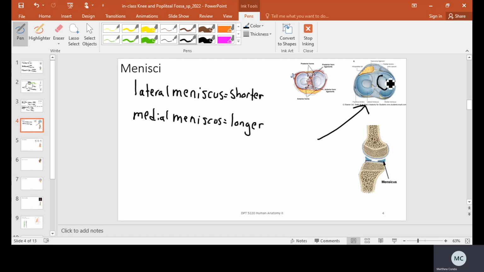Look at that amount of open space versus here. Look at that amount of open space. Now, why do I care? I care because what's not there? I don't have meniscus. Protection. Why do I have a meniscus? What's the purpose of my meniscus?